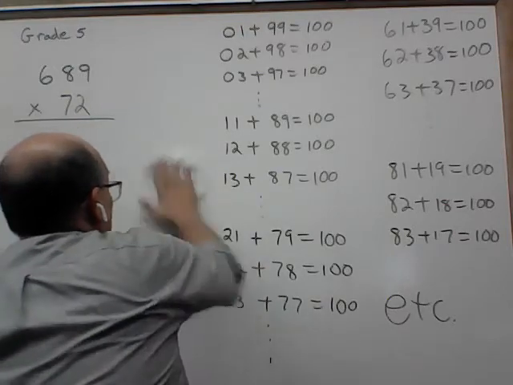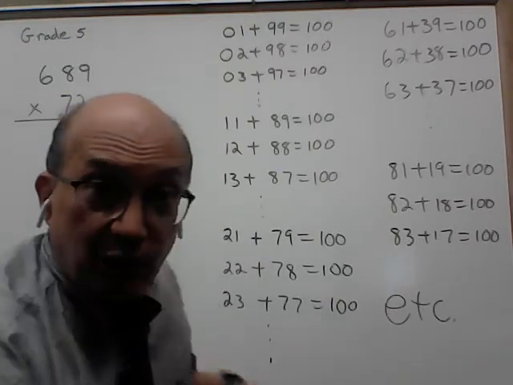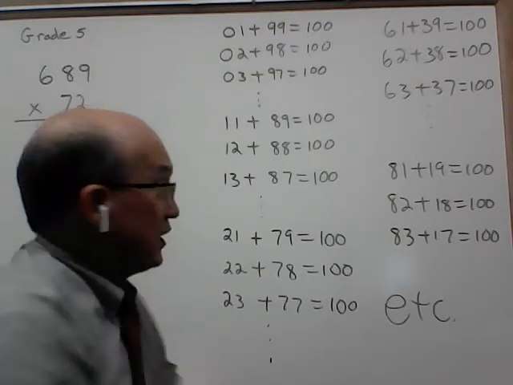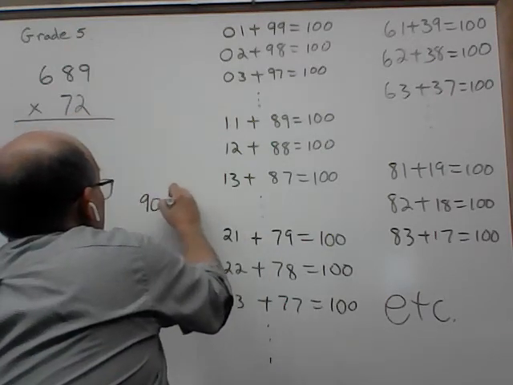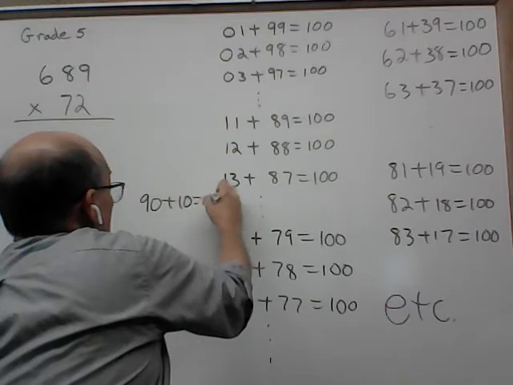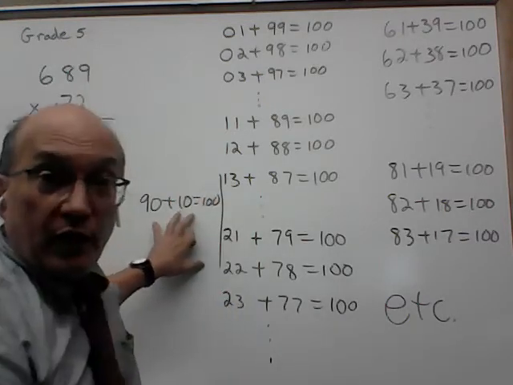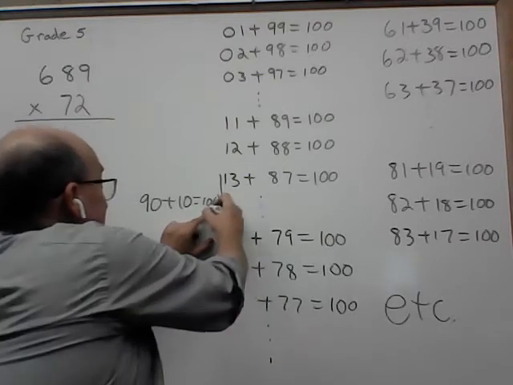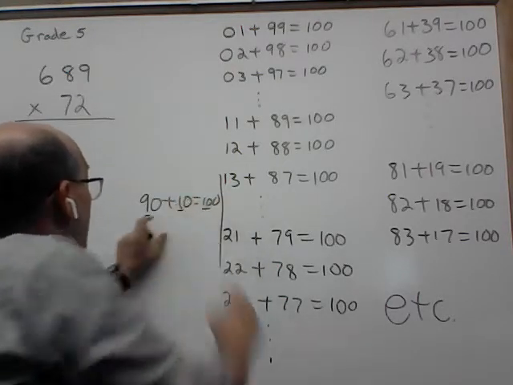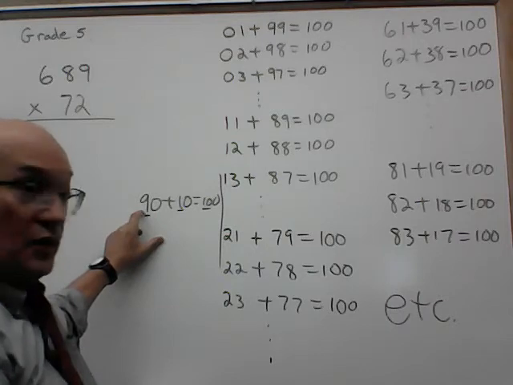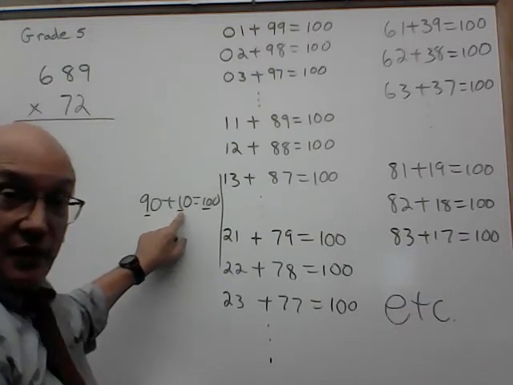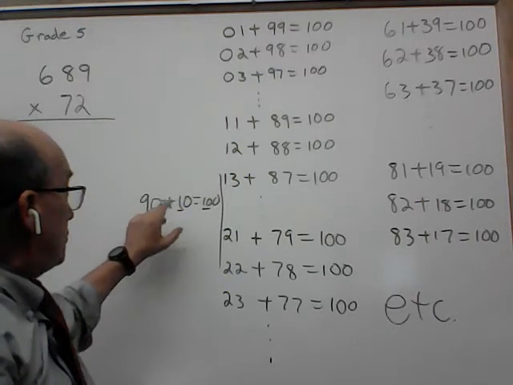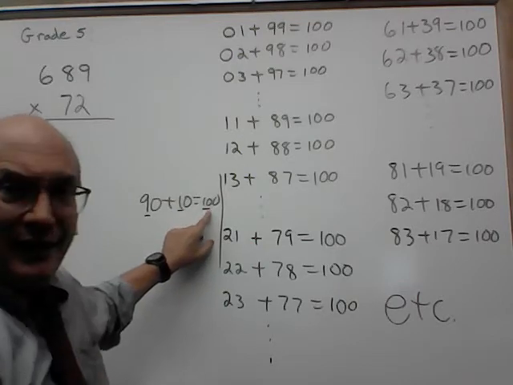And that is based on 90 plus 10. I hope we can all agree that 90 plus 10 is 100. Another way to think of this is 9 tens plus 1 ten is 10 tens, right? The 9 is in the tens place, this 1 is in the tens place. 9 tens plus 1 ten is 10 tens.